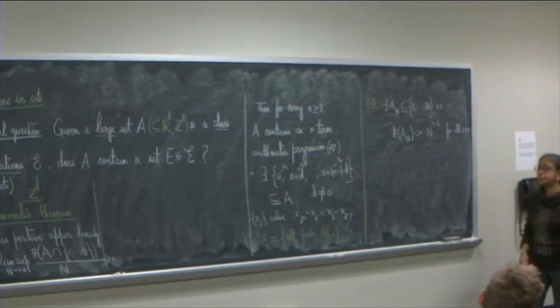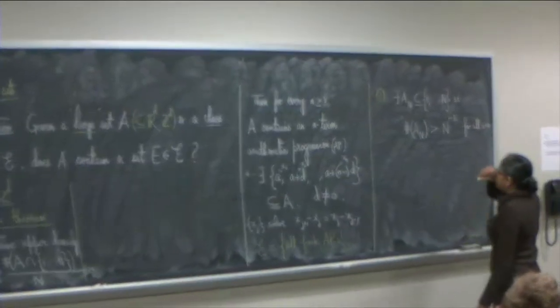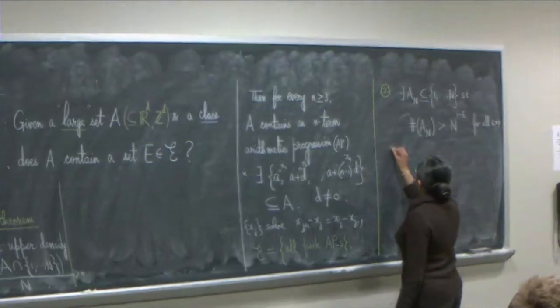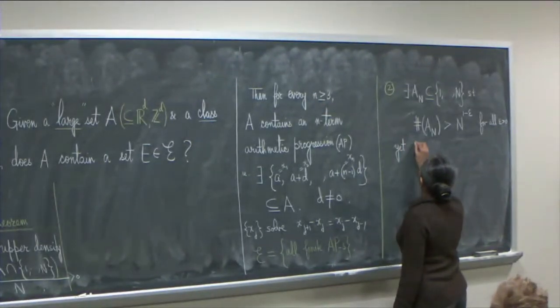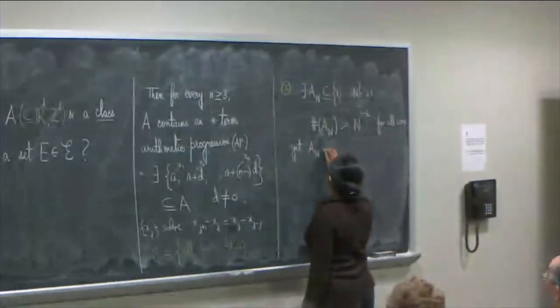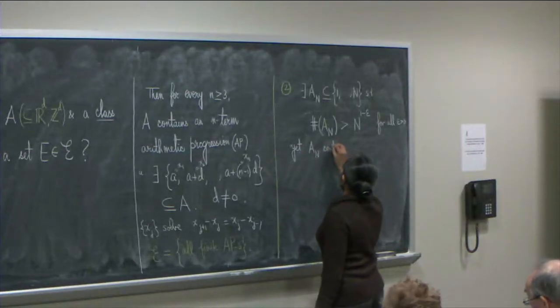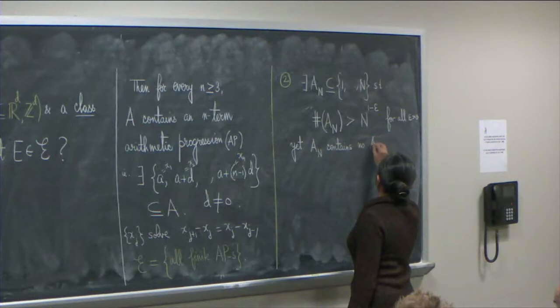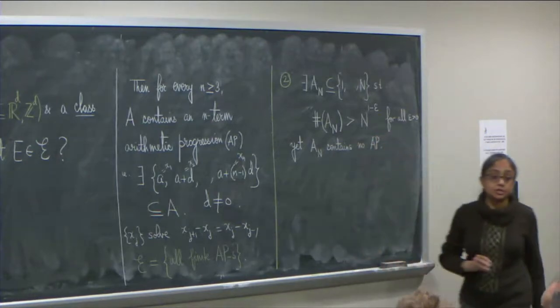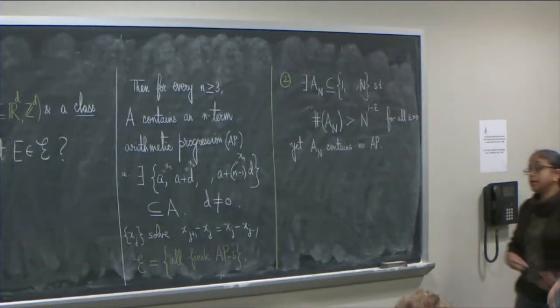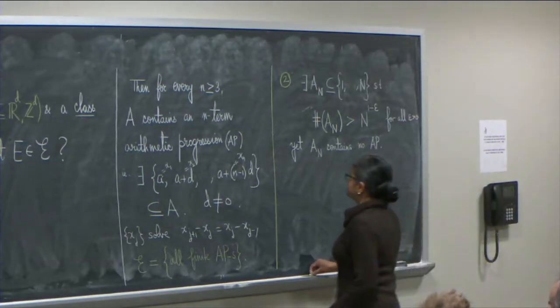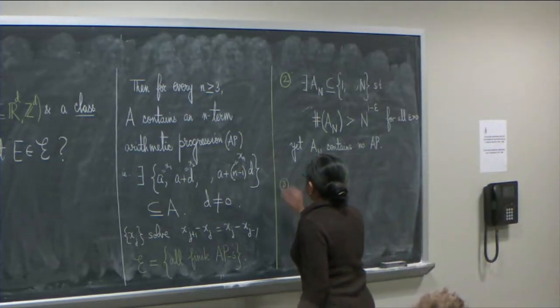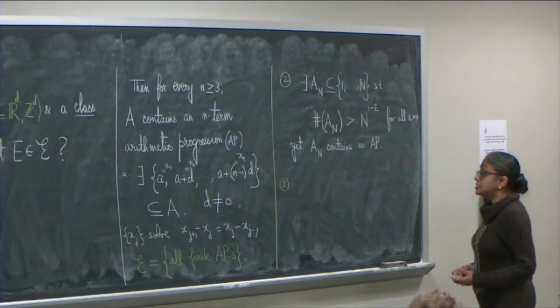And A_n contains no AP. So that's one. On the other hand, of course, there are famous examples where this is not true.